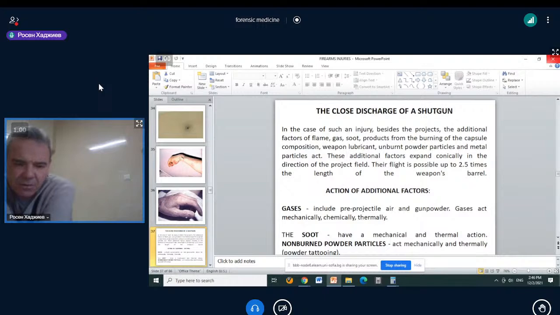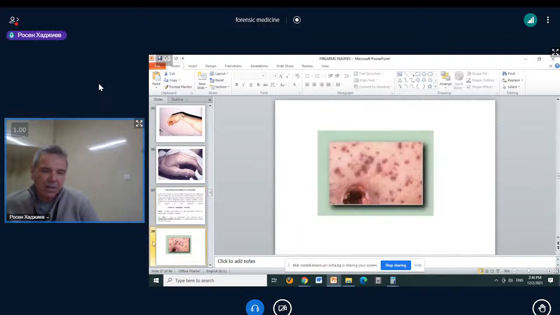It's approximate, of course. The gases act chemically, thermally, and mechanically. The soot has mechanical and thermal action. Non-burned powder particles have mechanical and thermal action.